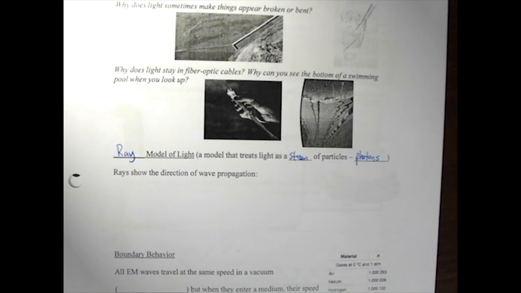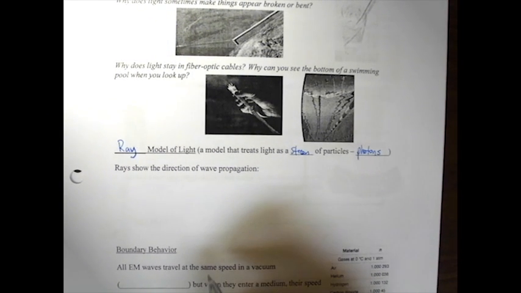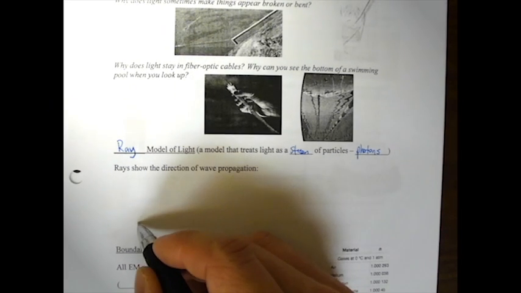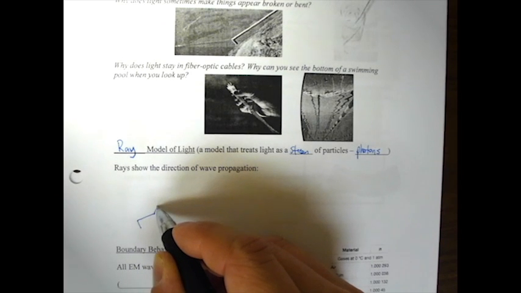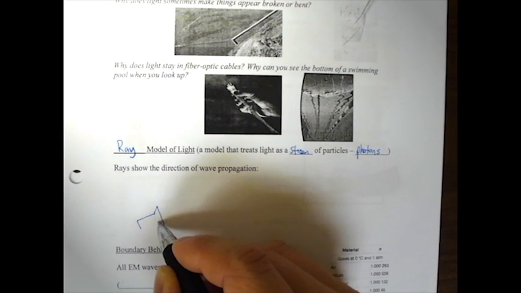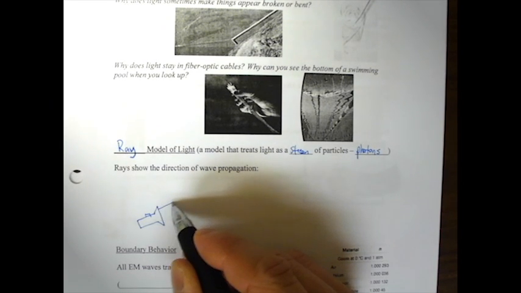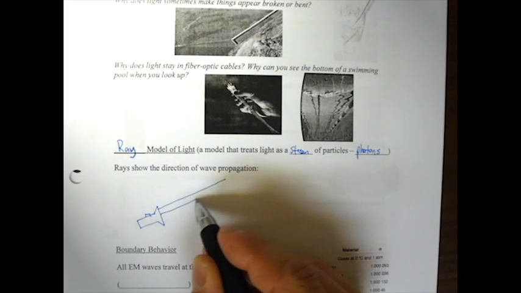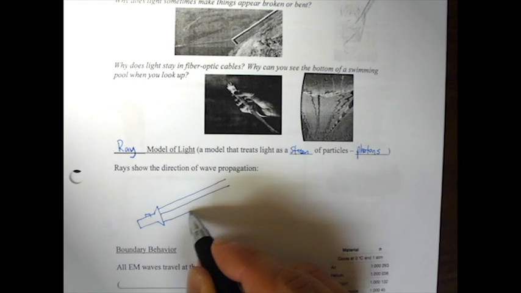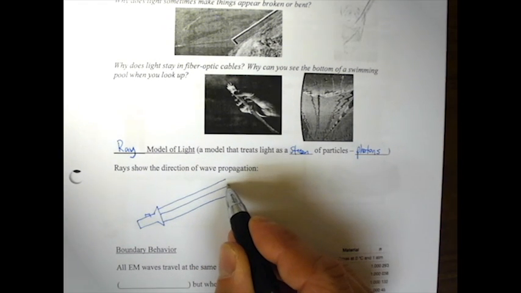But even if we want to stick with the wave nature of light, we could think about the direction in which the wave is traveling, and the same sort of logic would hold. So, for example, if you wanted to show light coming out of a flashlight, you could show those waves as leaving the flashlight by drawing some rays. There's really not a set number of these that you have to draw.